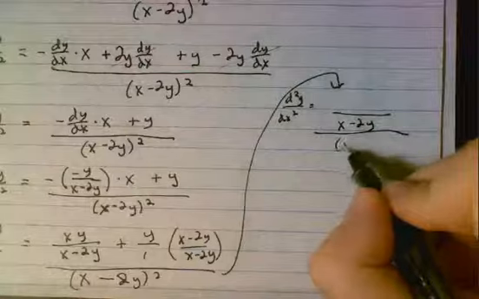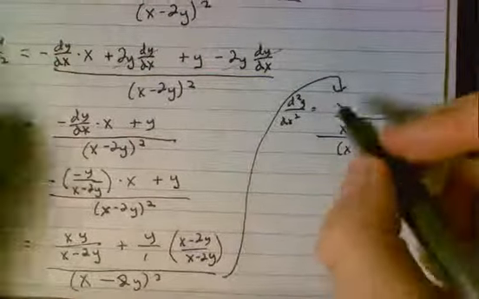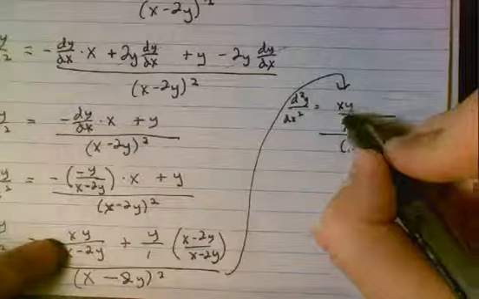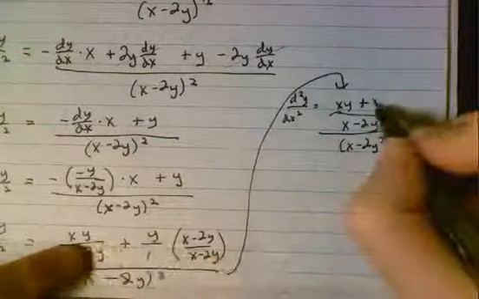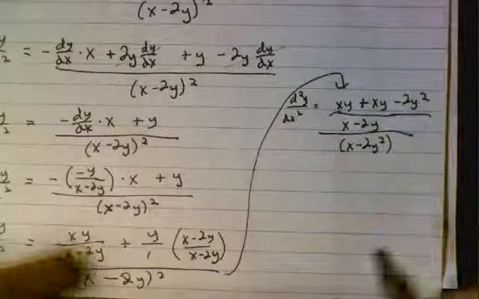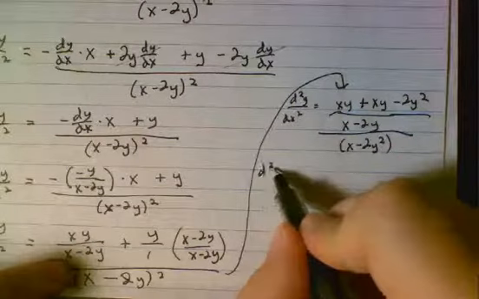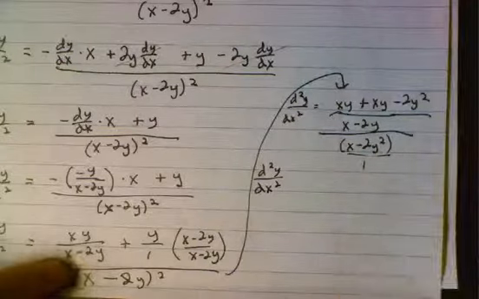That's all over x minus 2y squared. And I've got xy plus, here's another xy minus 2y squared. This is the same as all of that over 1.